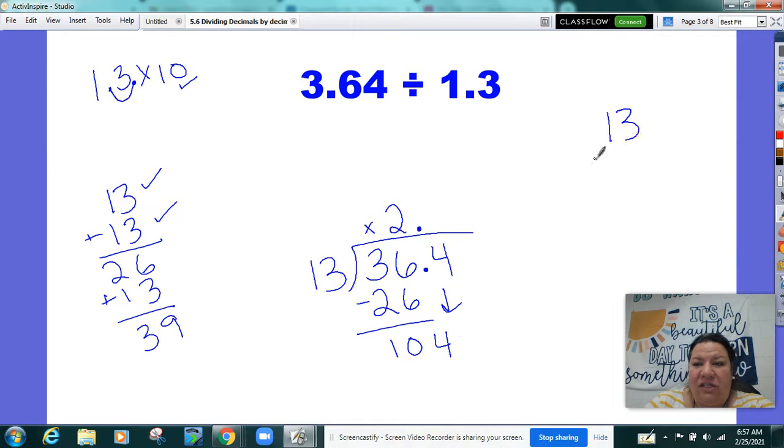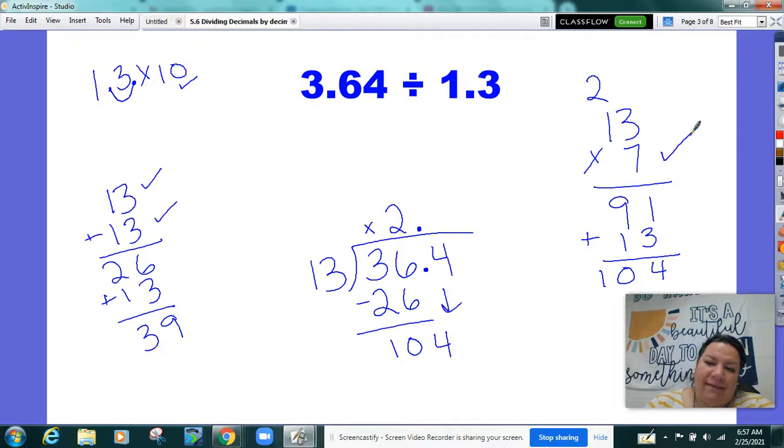I'm going to guess 13 times 7, okay? 7 times 3 is 21. 7 times 1 is 7, plus 2 is 9. So I got 91. So let me add another 13. Oh, there we go. So I had 8 of them. So 8 groups of 13 is 104, and then I get a remainder of 0.